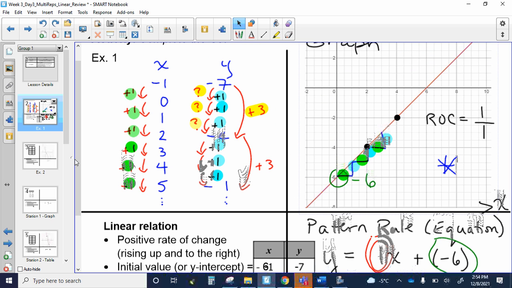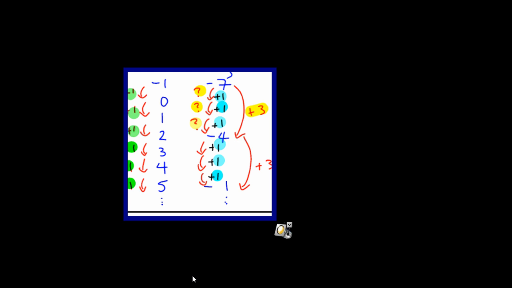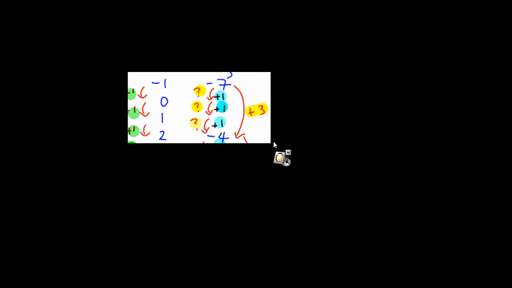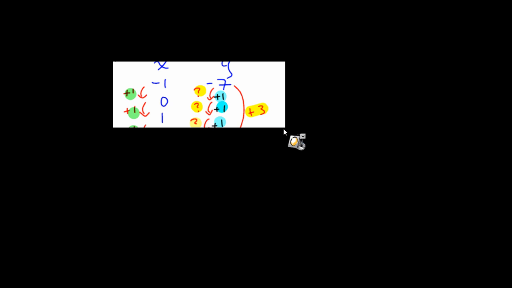Okay, so let's just kind of zoom in on that section. Let's be really clear about this. Okay, all right. So notice how the path we have here. We start at -1, -7. And then we increase by 1 unit to 0.